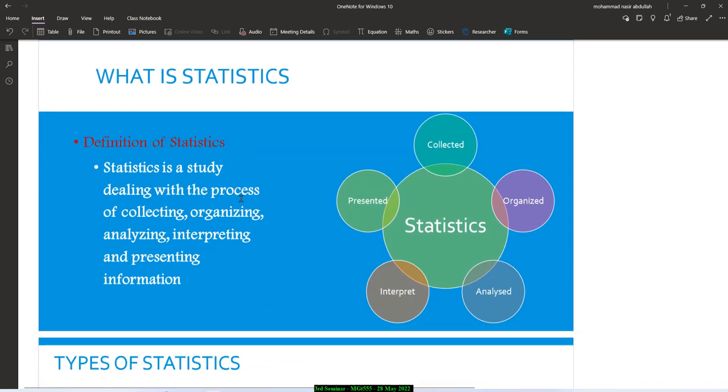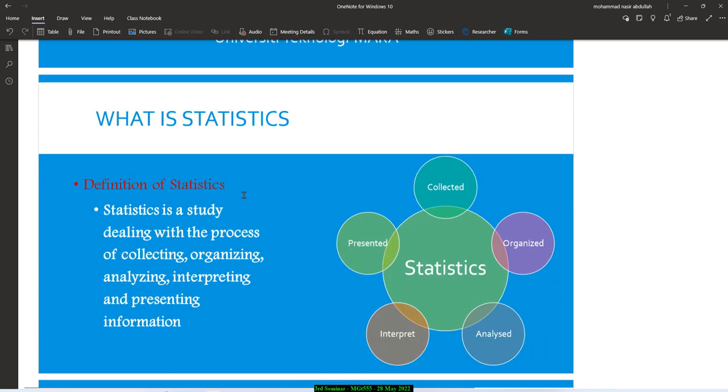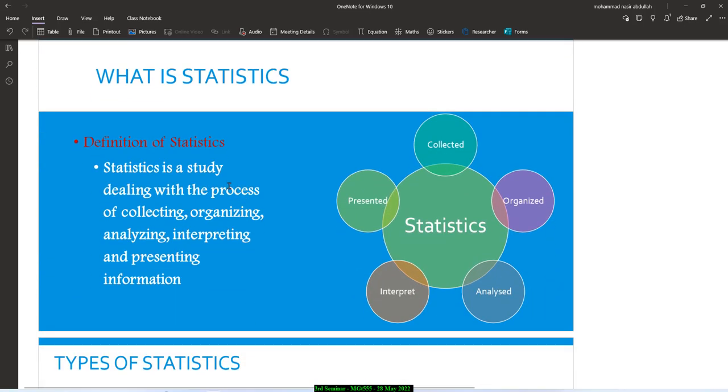Alright. So for descriptive statistics using Microsoft Excel, kita tengok what is the definition of statistics first. This first lecture is mostly about theory lah.